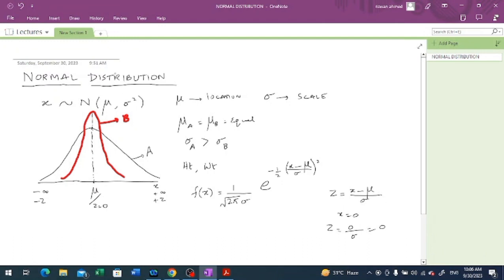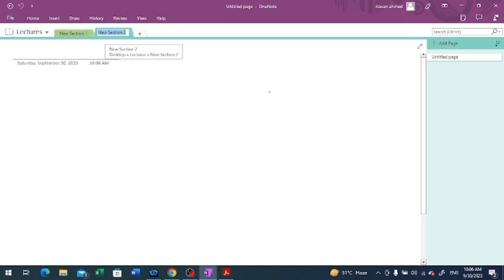Now let's take an example so we can solve some questions related to z distribution. So I'm taking this example. Let's suppose that the mean height of all the students is equal to 80 and the standard deviation is 10.